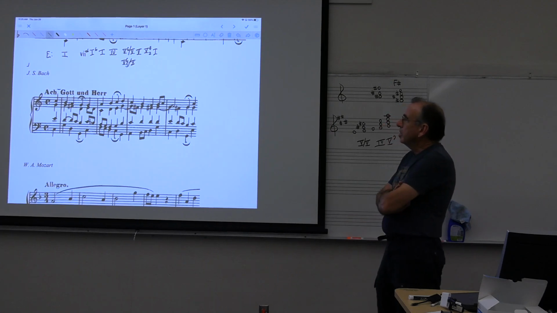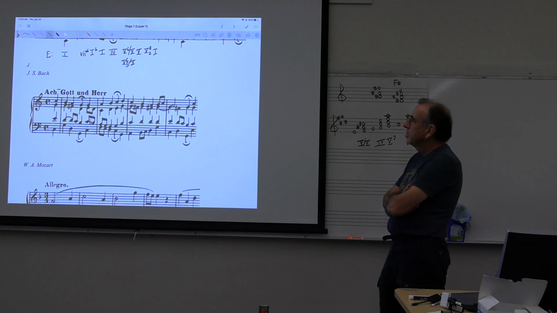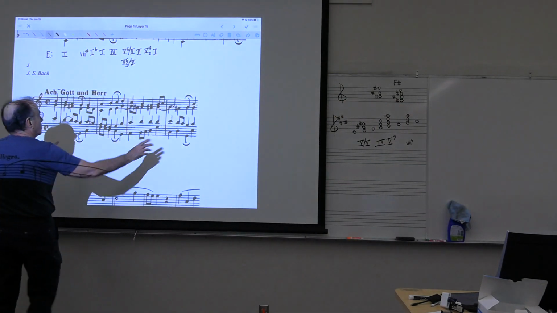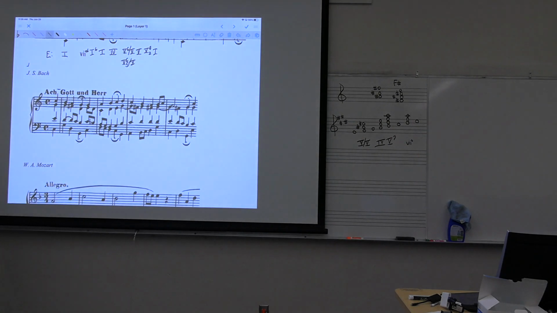So what key are we in this one? C, yeah. We start on C and we end on C. There's no sharps or flats in the key signature. There are some sharps in the music, right? But not in the key signature.